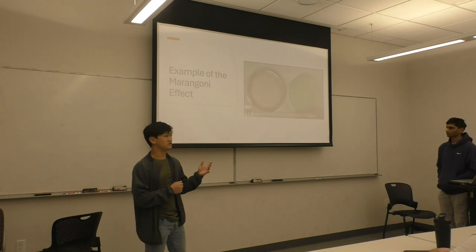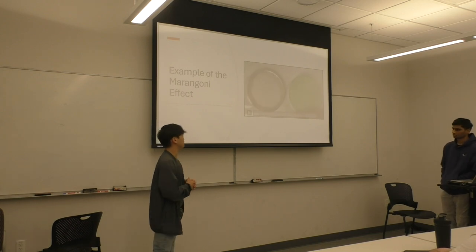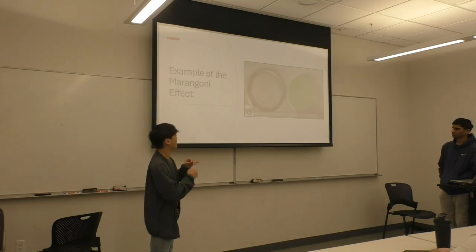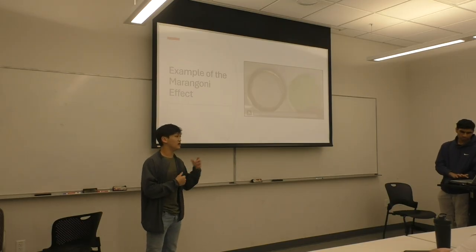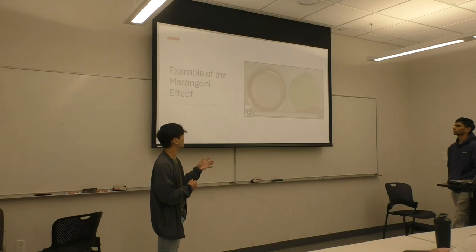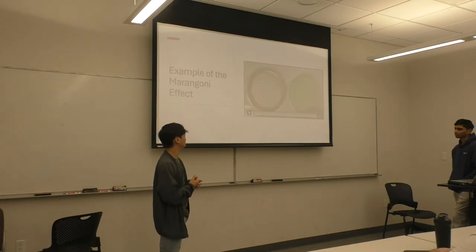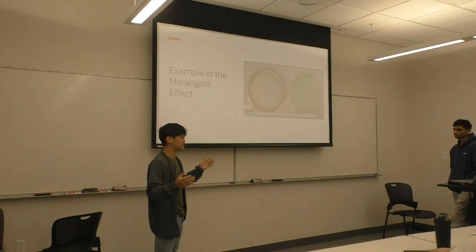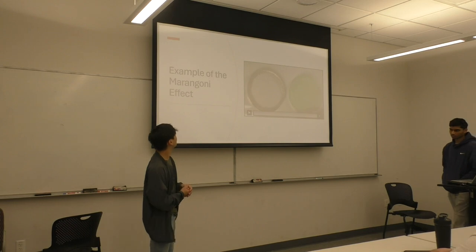But this is because of the difference in surface tension. On the outside, the water has a higher surface tension than the soap. So the gradient of the surface tension allows the soap to seem to shoot out to the rim.